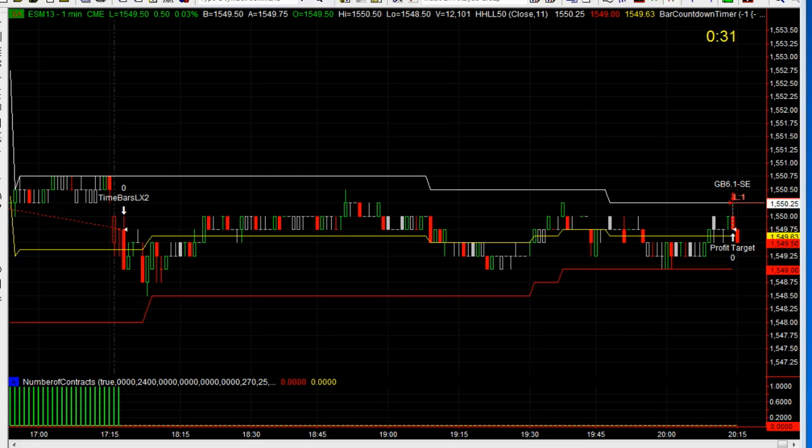The exit would have been no problem. But the question is, can you get filled when it doesn't go through it? Actually, you can set up your platform so when you put in your order entry, your exit bracket immediately gets placed. So yeah, in a way you can do it with these more advanced platforms.